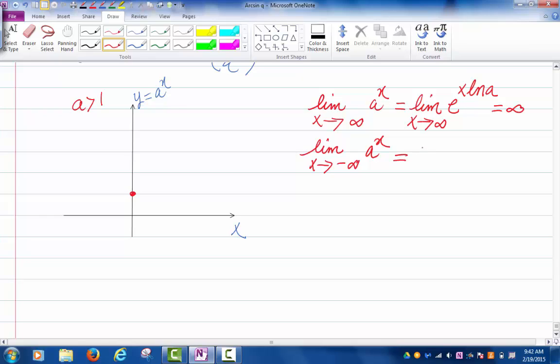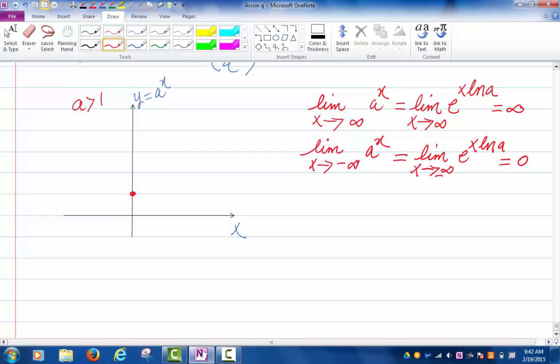In the second case, the limit as x goes to negative infinity of e to the x ln of a: ln of a is still positive, but x is going to negative infinity, so the entire exponent goes to negative infinity, and e to that will go to 0. This is from the facts that we know from the exponential function e to the x.